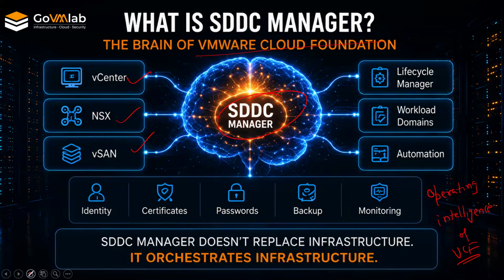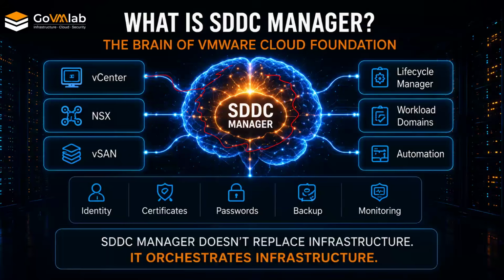If you look at the center of this slide, we have a glowing neural brain. And this neural brain is surrounded by many major infrastructure services like vCenter Server, NSX, vSAN, Lifecycle Manager, workload domain, automation, identity, certificates, password management, monitoring.